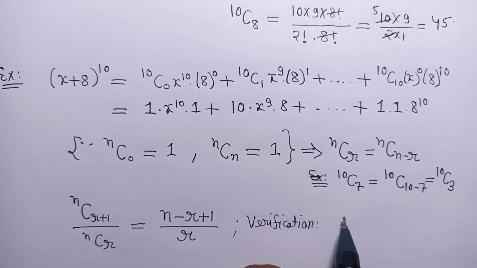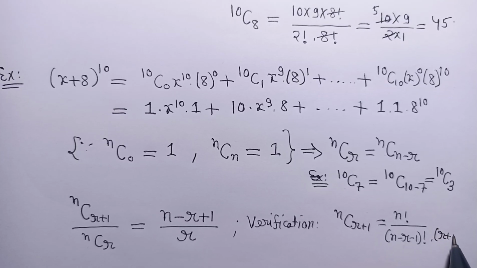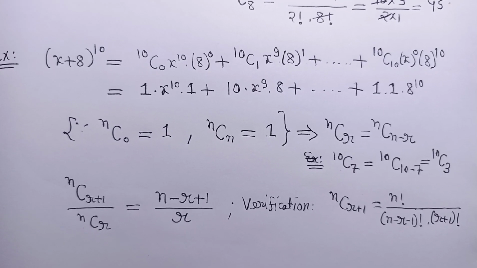So nC(r plus 1) you can write as n factorial divided by (n minus r minus 1) factorial and (r plus 1) factorial. I wrote this directly actually, so let's see whether it is true or not.